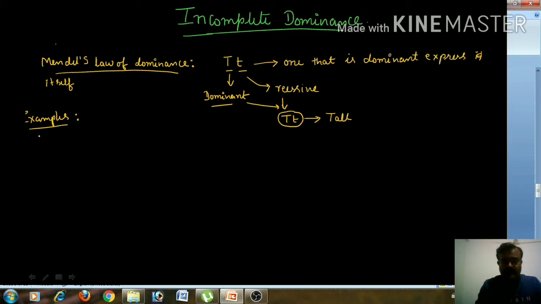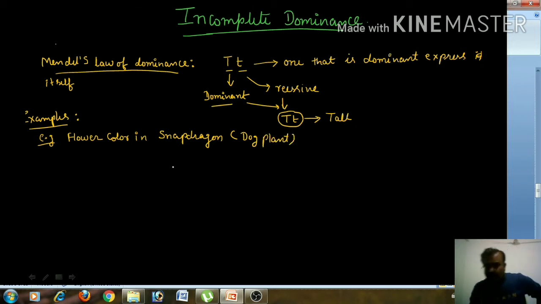For example, in case of flower color in Snapdragon, that is also called dog plant. Let's see this case here.